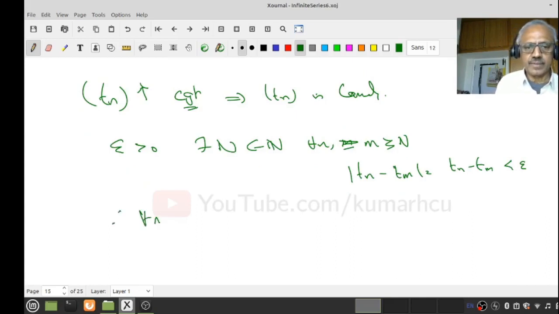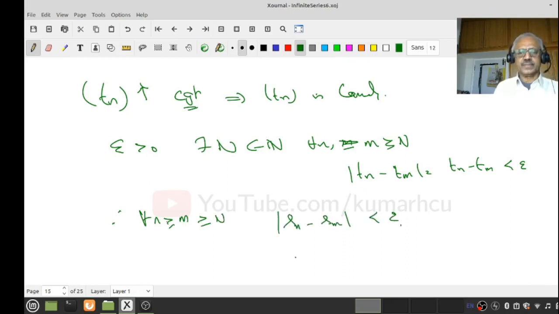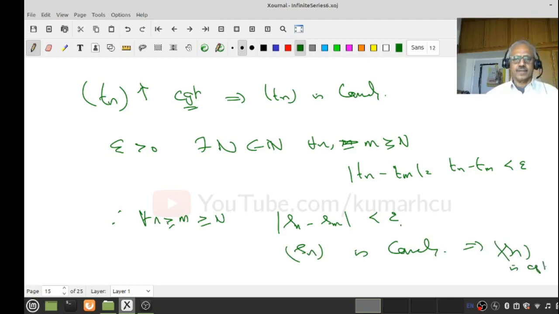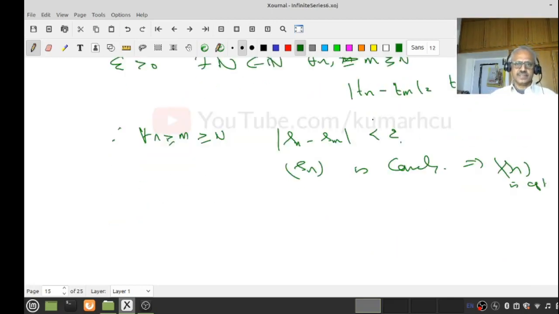Therefore, what do I get? For all n greater than or equal to m greater than or equal to N, mod S_n minus S_m is less than epsilon. That means S_n is Cauchy. Therefore, S_n is convergent. Isn't it great? Very good.